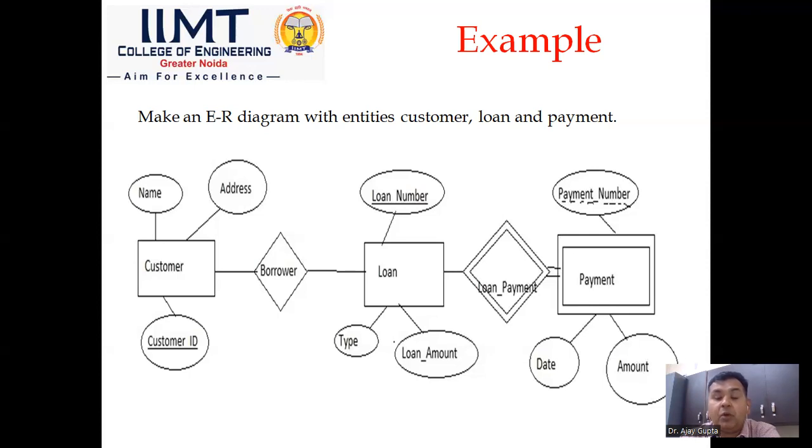Payment is dependent on loan. So the combination of loan number and payment number will become the primary key of the payment entity set. I hope this example is clear to everyone.